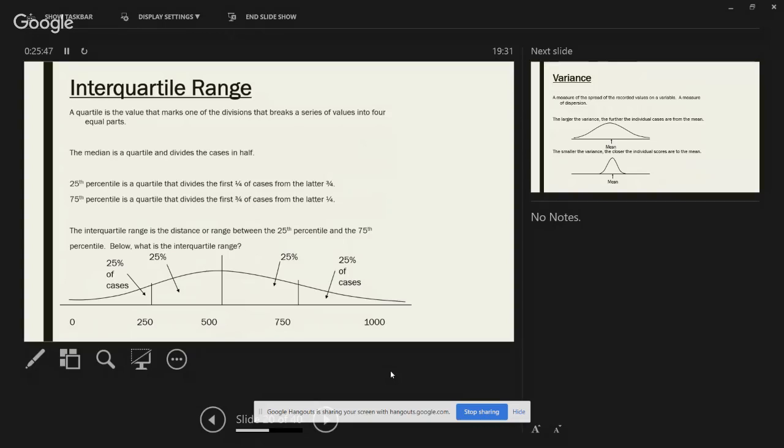the 75th percentile. Then comes the 50th percentile, which is of course known as the median. Then comes the 75th percentile, and then there's the maximum value.